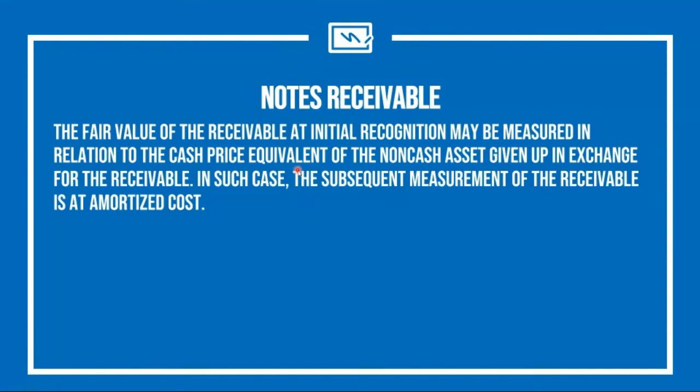So, the difference between the cash price equivalent, which is the price kung babayaran sana ng customer ngayon, okay, at saka yung laman ng notes receivable, will now be charged as interest. So, you need to amortize that difference, okay, using the effective interest method later on. Okay? So, yun siya. In such case, the subsequent measurement of the receivable is at amortized cost. Of course, amortized cost using effective interest method.